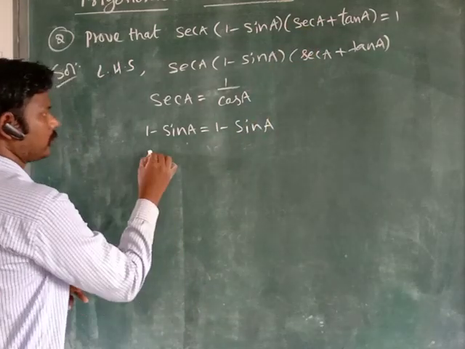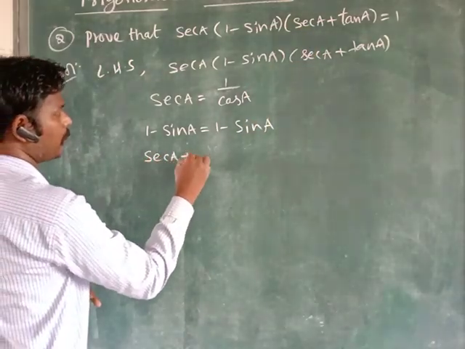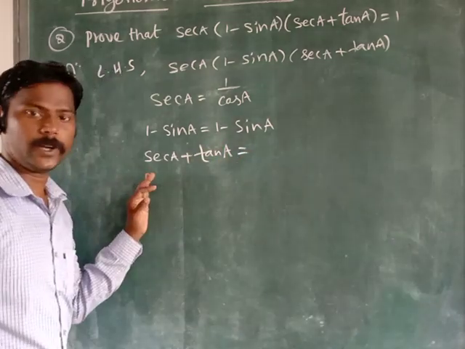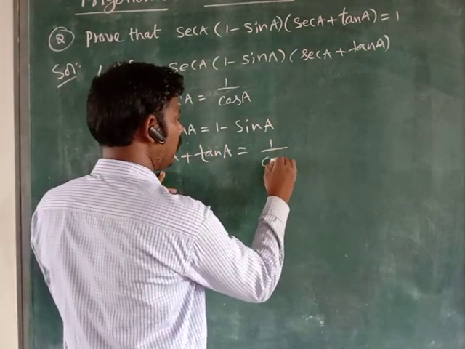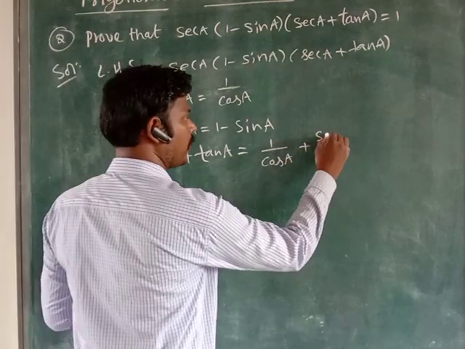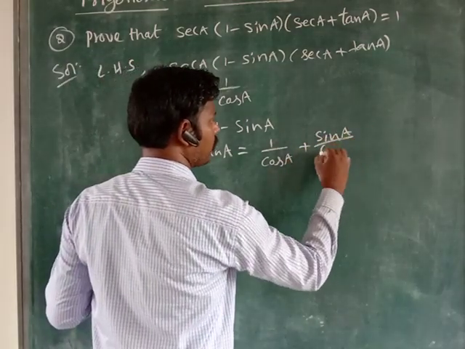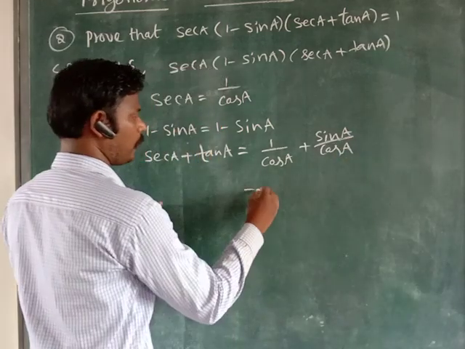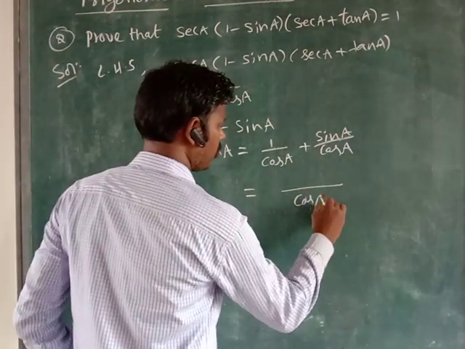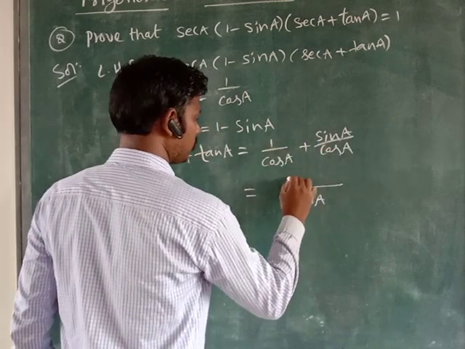Or the third one, secant A plus tan A. Secant A how to write, children? 1 by cos A plus tan A how to write? Sin A by cos A. Simplify. Cos A common here. Cos A, 1 plus sin A.